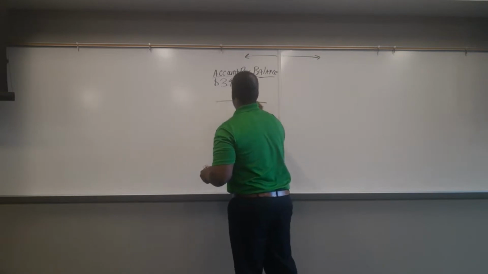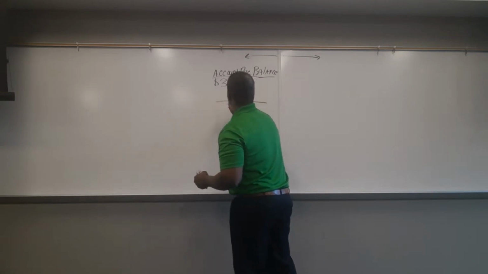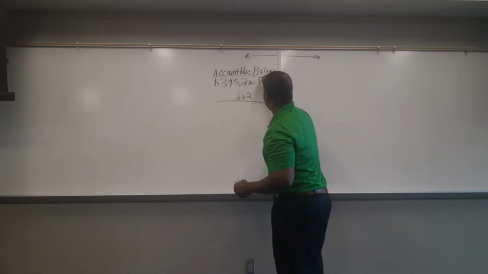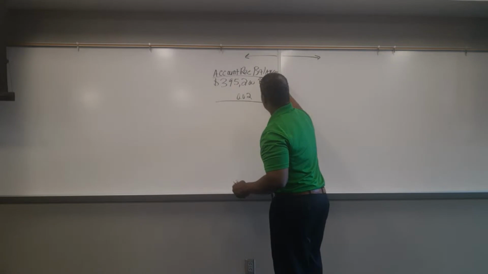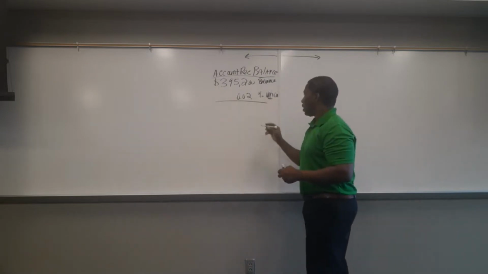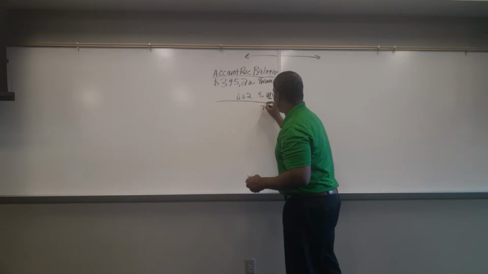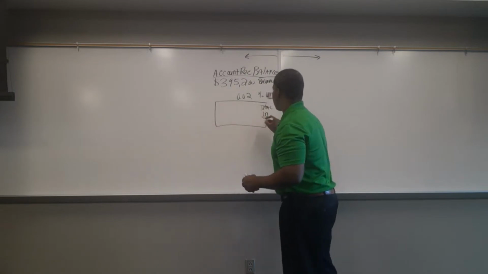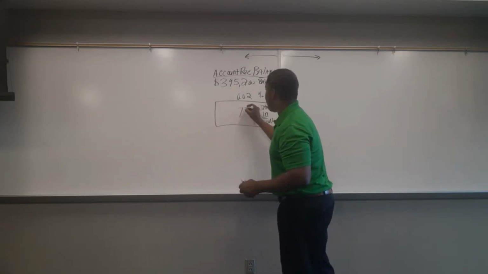And when I do that, I will then have my uncollectible amount. So this is the balance. This is my percent uncollectible, okay? And so my total uncollectible will be how much? $790, okay?